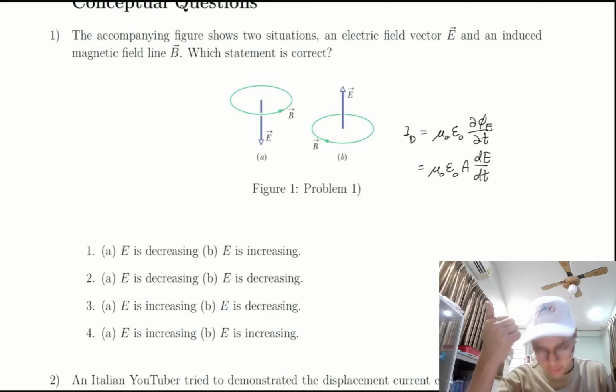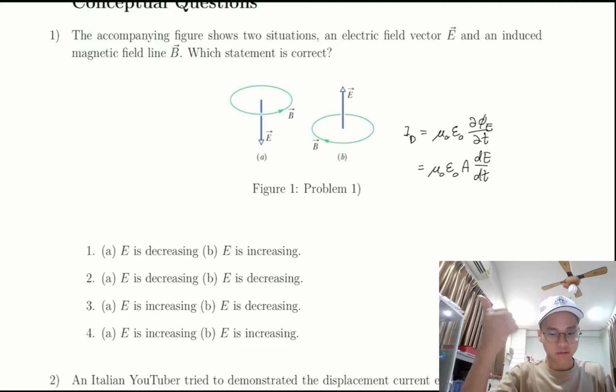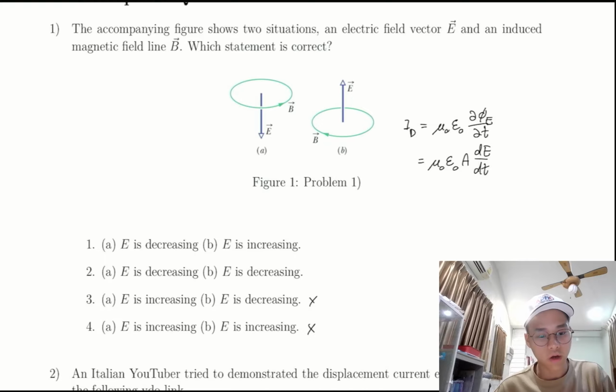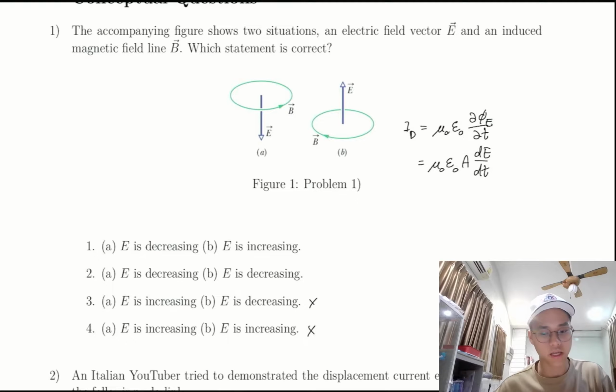Or more specifically, the rate of change must be like this. So electric field must be decreasing in figure A. Okay, so we can filter out choice 3 and choice 4 because they state that E is increasing in A, which is not the case.